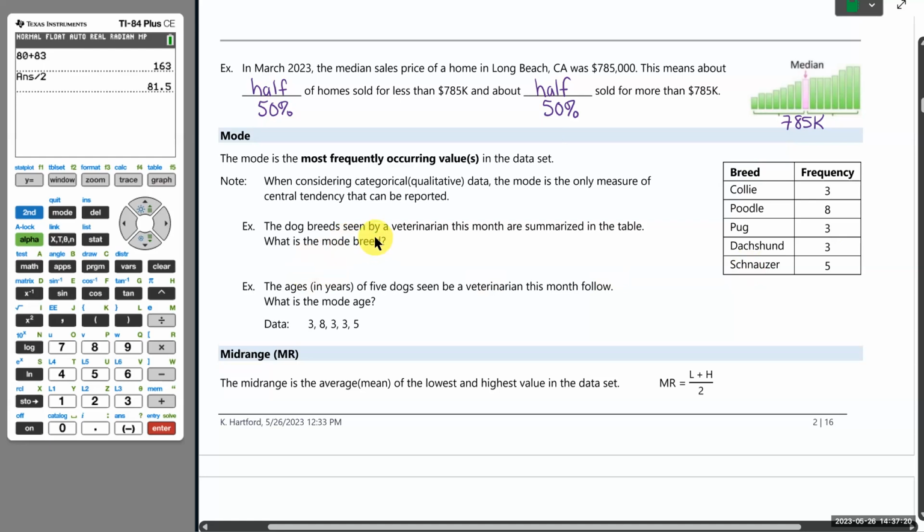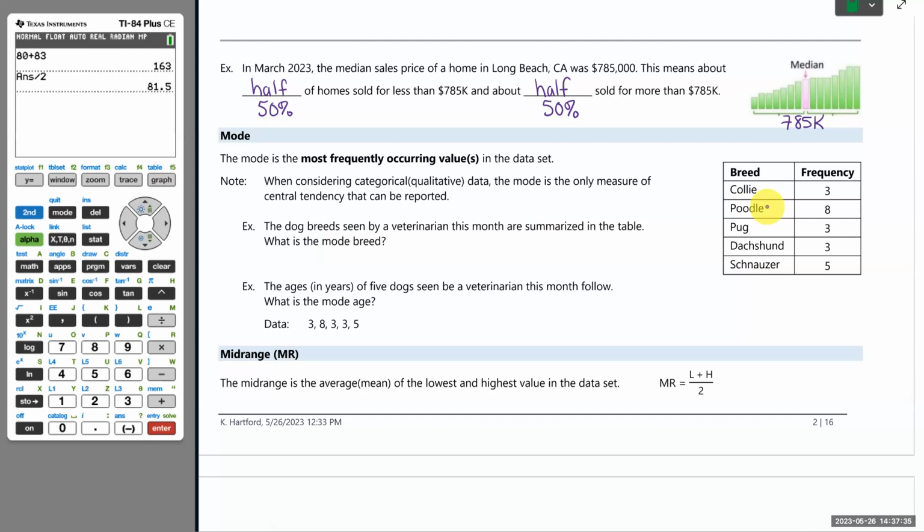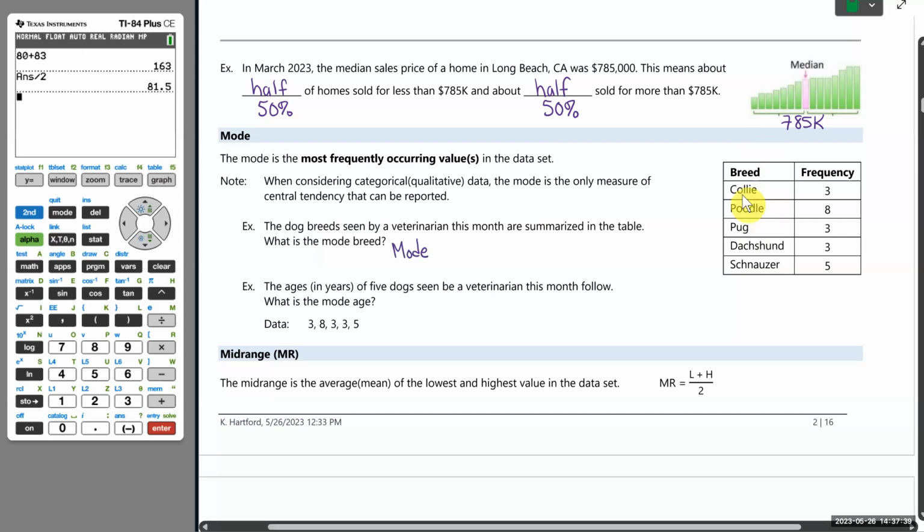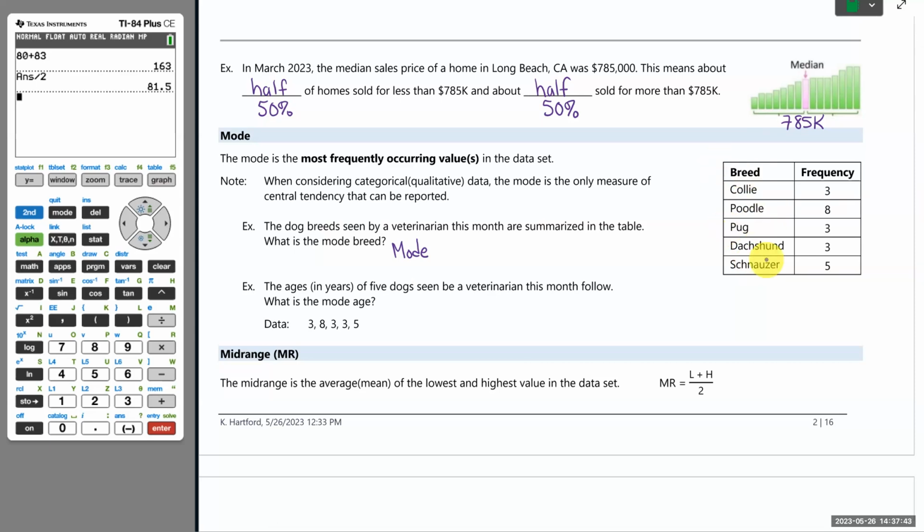So the mode breed is the breed that the veterinarian saw the most, with the highest frequency. So he saw more poodles, highest frequency 8, more poodles than any other breed. So that is the mode. So for categorical data like dog breeds, names of breeds, the mode is the only measure that we could report. And in this case, it would be poodle.